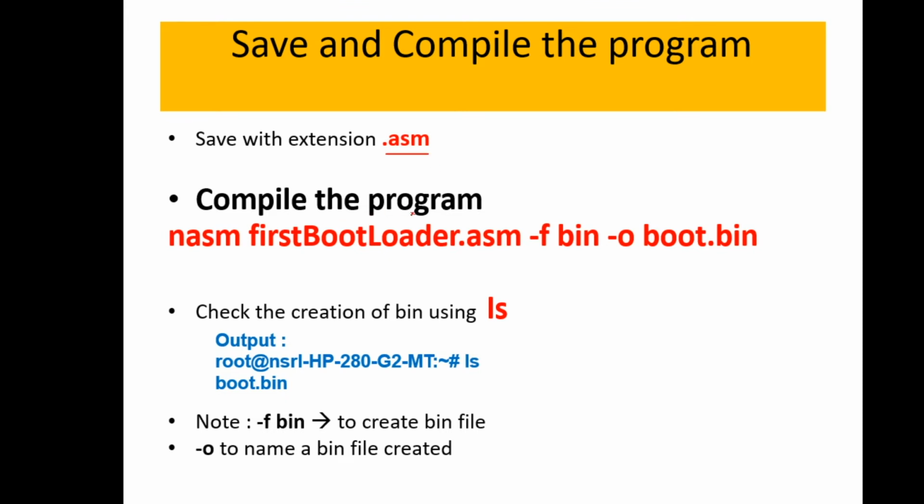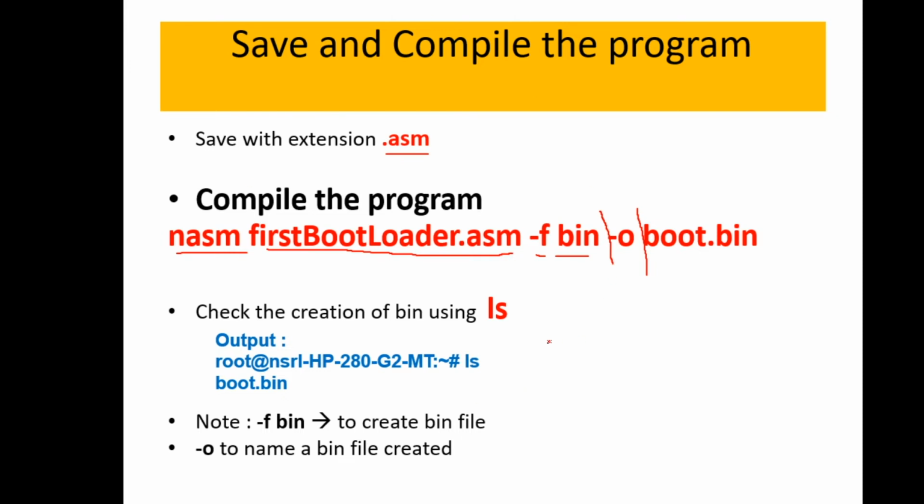To compile the program, you come out of your editor and in the command line you type nasm first, bootloader.asm, that is the file name we saved in the previous program, then -f bin, there is a space between -f and bin, and space -o, and a space between the -o and boot.bin.